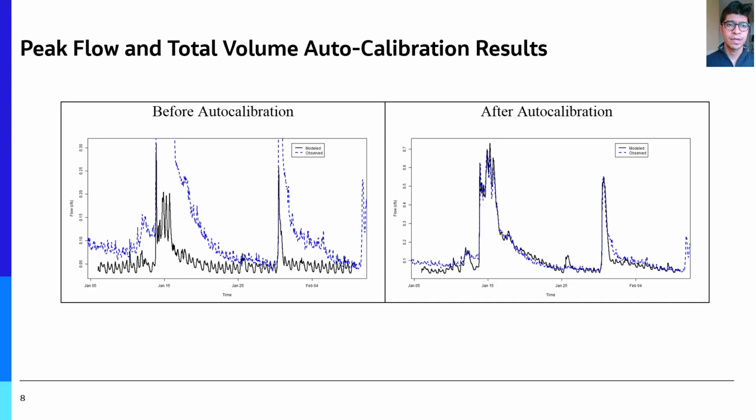And on the right-hand side, after calibration, tweaking the model parameters, you can see that there's a great fit between the modeled and observed data. Now, this is not the result for this very specific case study, but this is basically a summary of what we're after as a result of using auto-calibration or optimized calibration in this case.